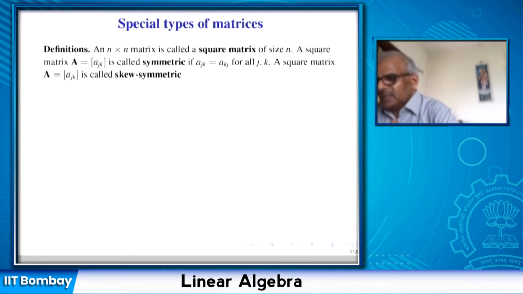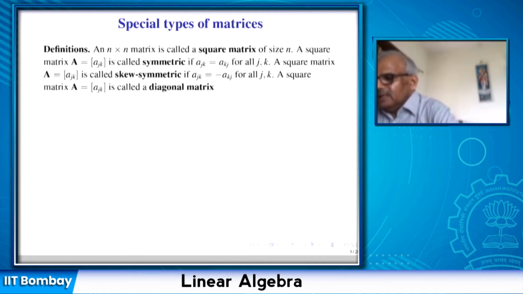And with respect to the principal diagonal, the matrix is symmetric. So you can reflect, thinking of a mirror placed on the principal diagonal, and when you reflect, then the matrix doesn't change.